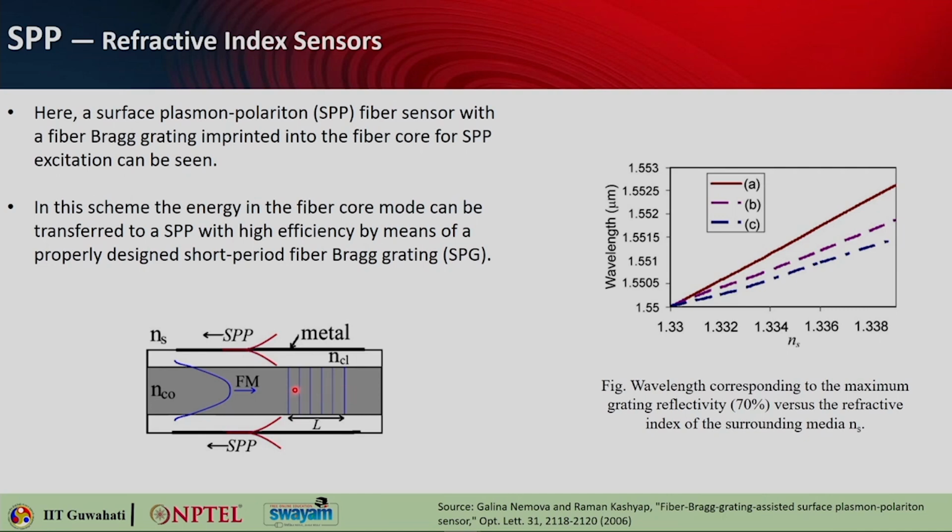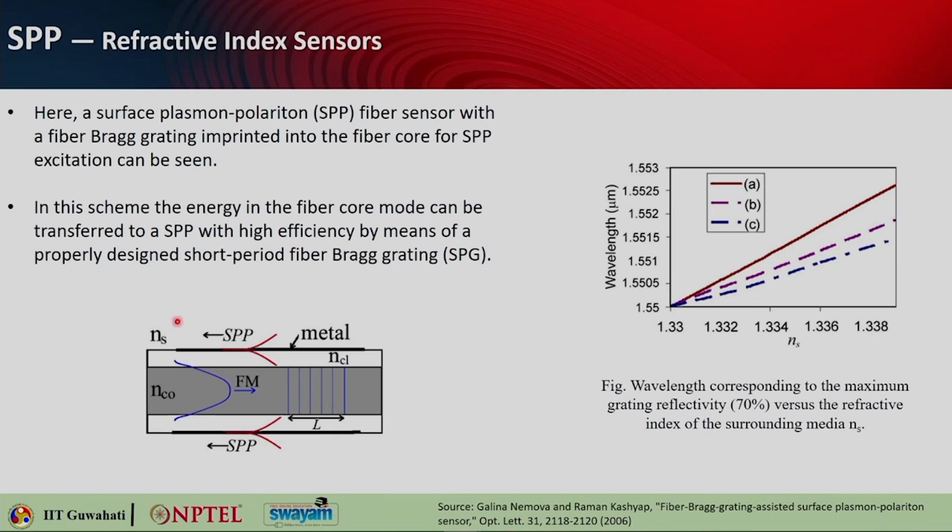That wavelength, when it comes back, can leak out to the cladding, and if there is metal deposited on top of this cladding, there is a metal dielectric interface, and that light can excite surface plasmons which will be propagating along this metal dielectric interface.